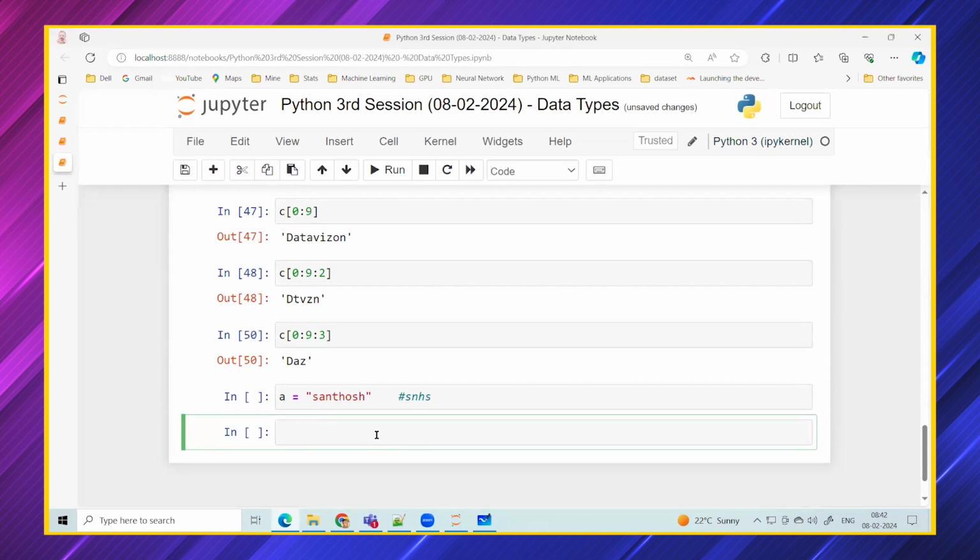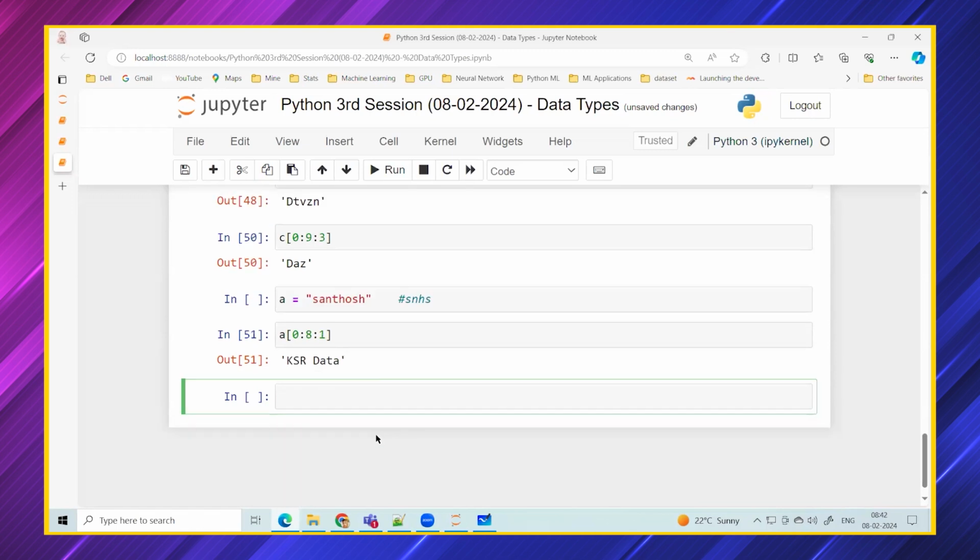Index should be 1. So A of 0 colon 8 colon 1.